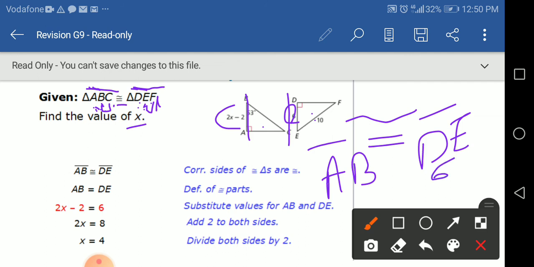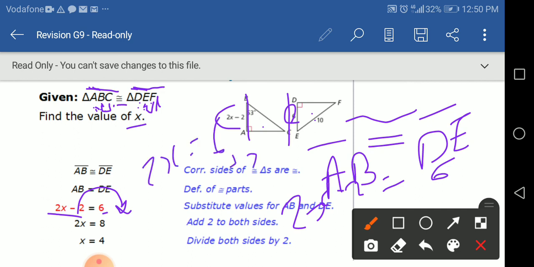So this is 6 and AB is 2x minus 2. It's easy like this: 2x minus 2 equals 6. So negative 2 goes to the other side as positive. So 2x equals 6 plus 2, so it will be 8. So to get x alone, divided by 2, divided by 2, x equals 4.